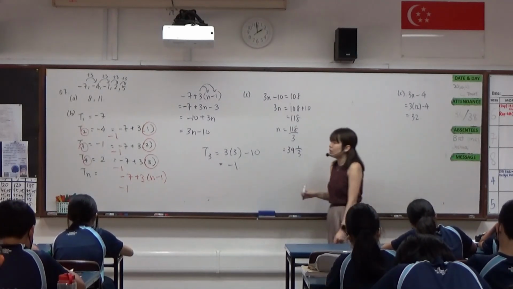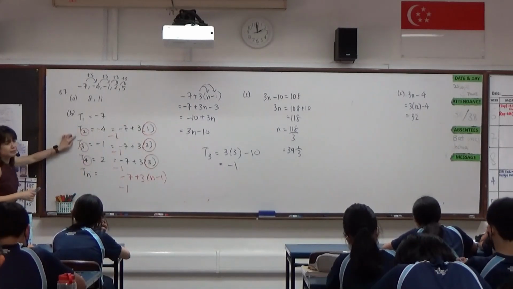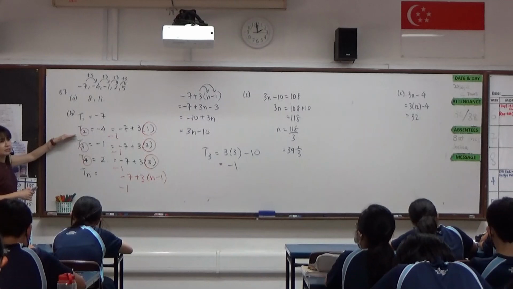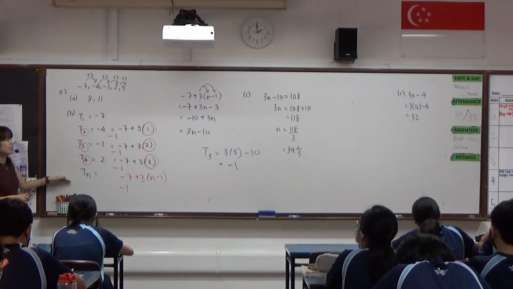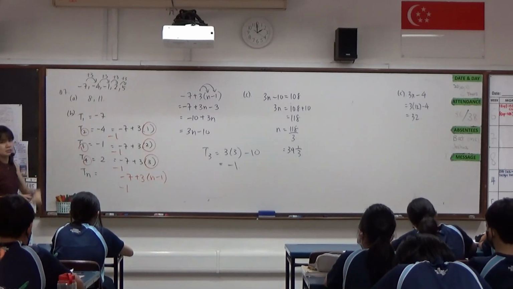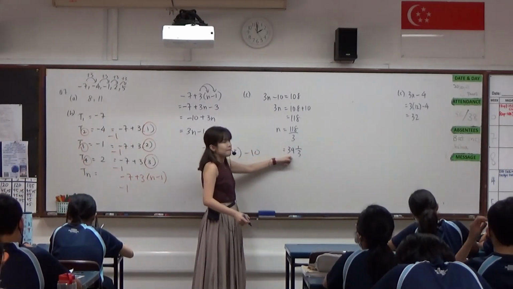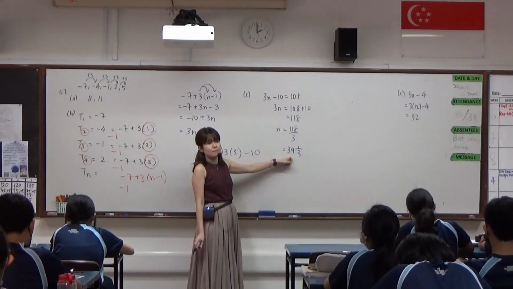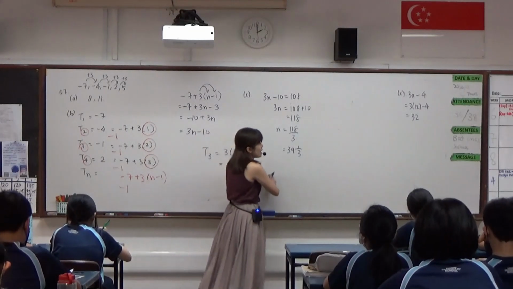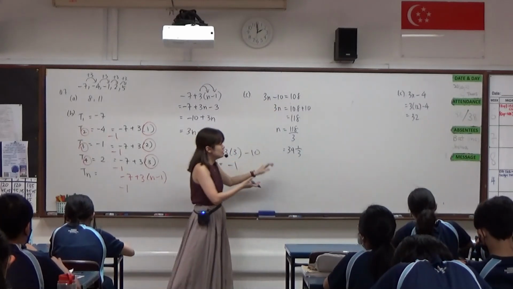We can only count our term numbers in positive integers or whole numbers. First term, second term, third term and so on. I cannot have negative terms. I also cannot have a 39 and 1/3 term. So therefore my term number, which is n, must always be a whole number or a positive integer. So to explain, this is a set of working that you write in the blank space, in the lines.